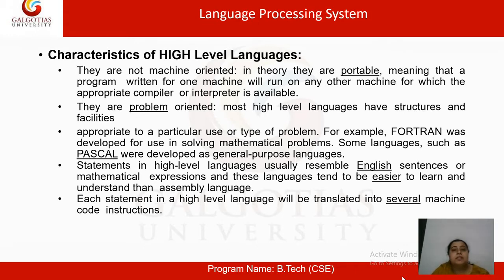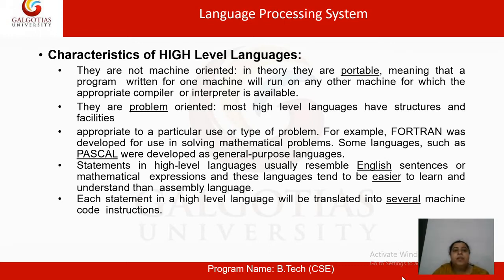Now, what do we mean by high level language? Something that we write that is understandable by us. That's your English statement, right? If we write anything in C programming, we're writing it in English, it's understandable to us. If we are writing something in Python, that is understandable by us, right?